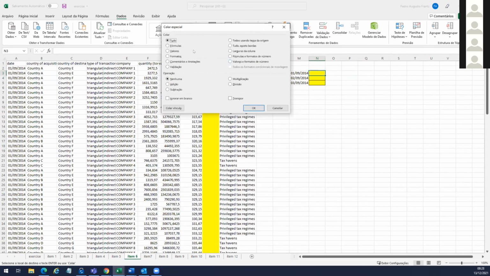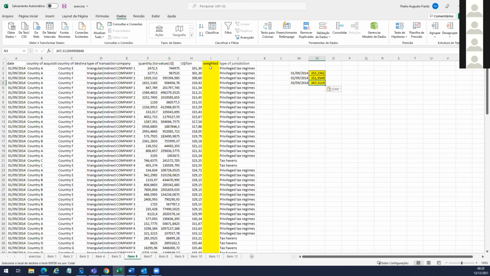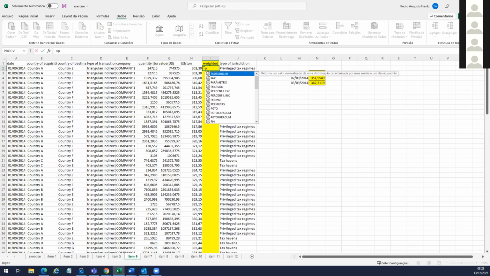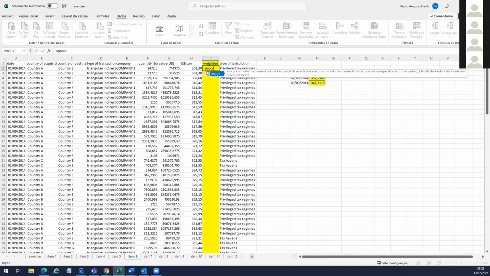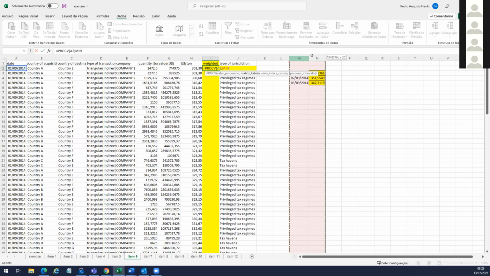Now I must put this here. How can I do this? Maybe manually, I put one by one, but it's not so good. In Excel, there is a formula that makes our work easy. The formula is PROCV. If I put equal and type PROCV, that is a formula. I will search this date, the first column A, in these 2 columns, the second value.